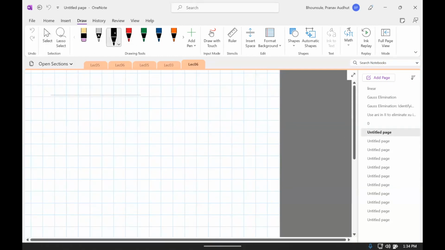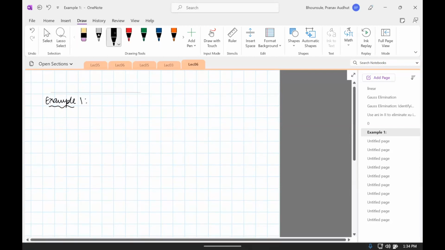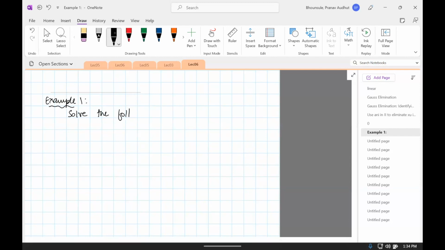Okay, so here is a problem. Example 1. Solve the following set of equations using Gaussian elimination.